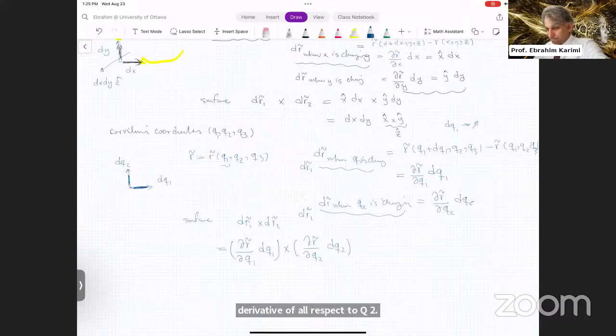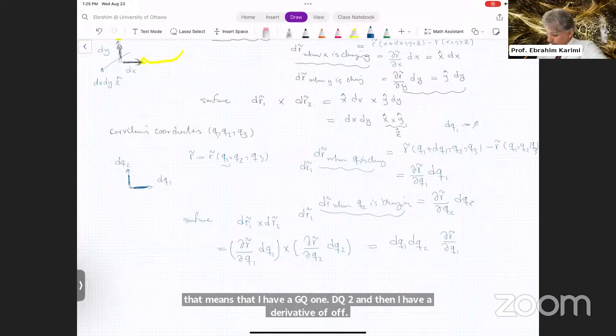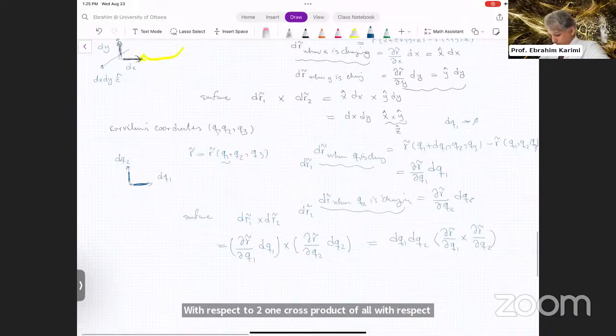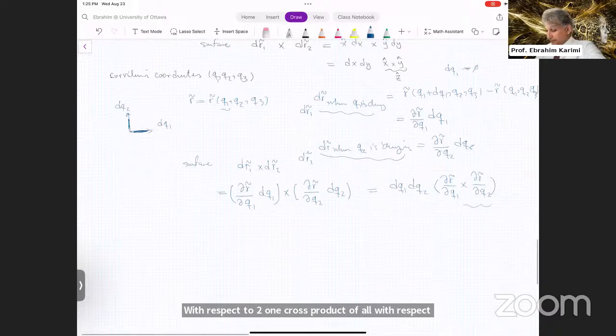Okay? Good? So that means I have dQ1 dQ2, and then the derivative of R with respect to Q1 cross product with the derivative of R with respect to Q2. What's that?